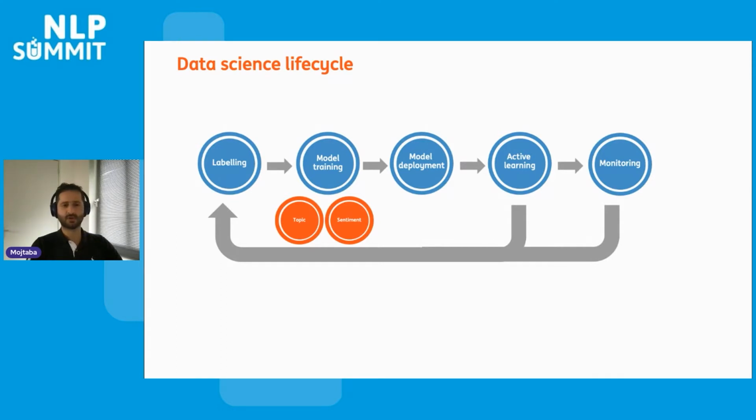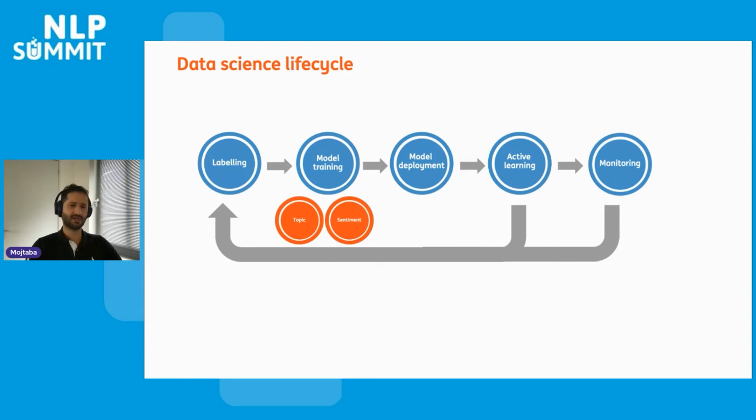We deployed our models in production, and after deployment, we kept looking at our models to see how we can further train them, and at what time our model starts to degrade and we need to take some action. I'm going to touch upon all those components and explain how we did it.